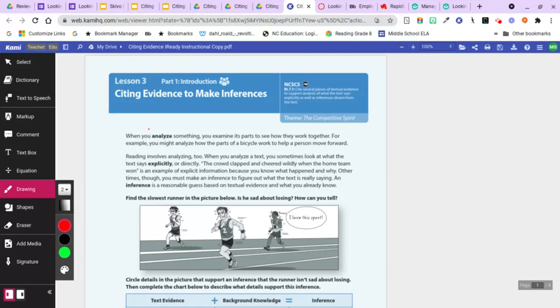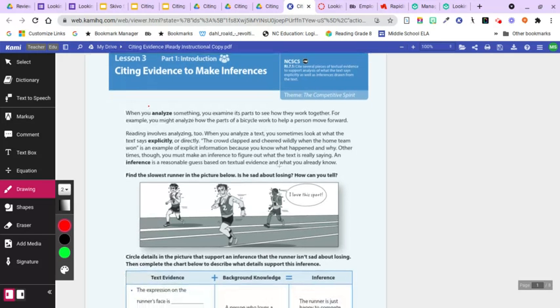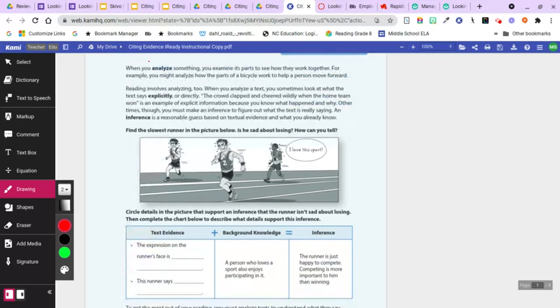We just talked about inferences. So I might not read this word for word for you, but you can go back and look at it, of course. But when you analyze something, you're examining its parts to see how everything works together. You want to make sure that what the text says is explicit or direct. Unless the question says, what can you infer from, then it's asking you to cite textual evidence.